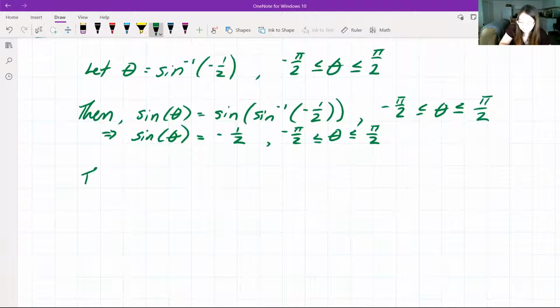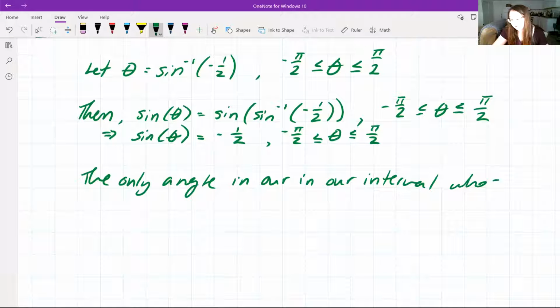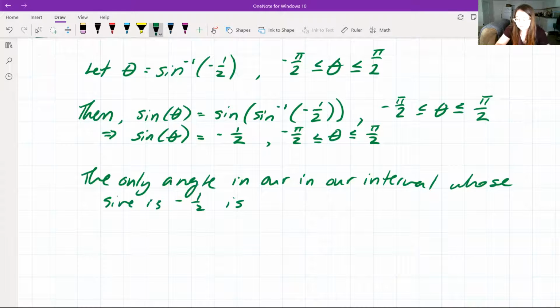So we can say that the only angle in our interval, which was from -pi/2 to pi/2, whose sine is -1/2, is -pi/6.